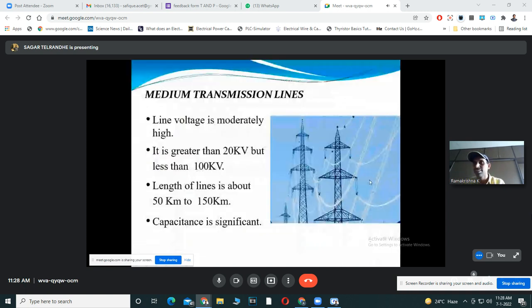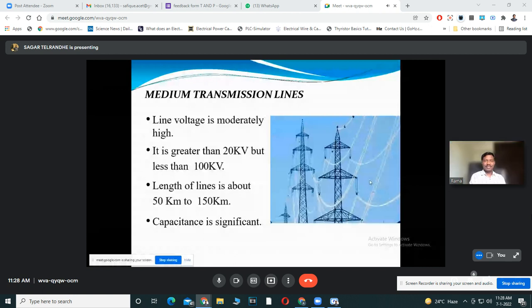Then we have a medium transmission line. The characteristics of the medium transmission line are that the line voltage is moderately high as compared to the short transmission lines. It is greater than 20 kV, but less than 100 kV. The length of the line is about 50 kilometers to 150 kilometers. The capacitance is also significant and thus it cannot be neglected.